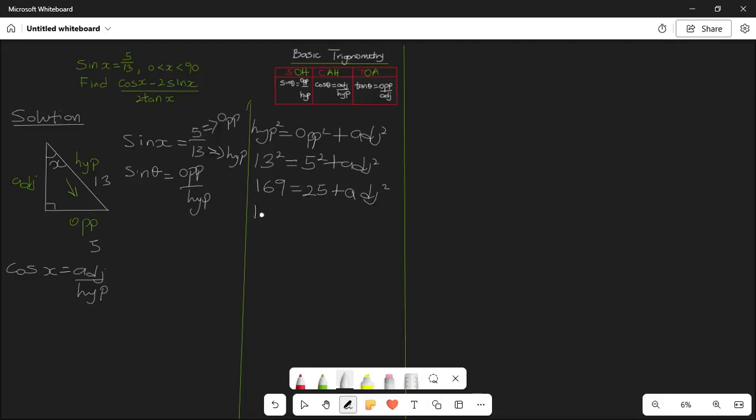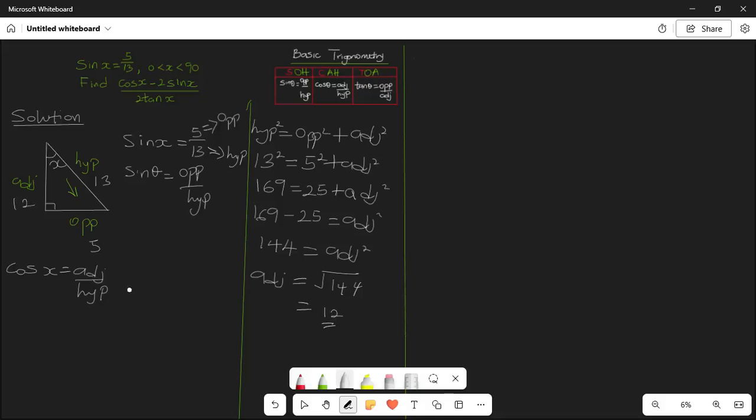So 169 minus 25 equals adjacent square, which gives us 144. So adjacent equals the square root of 144, and that gives us 12. So our adjacent is equal to 12.